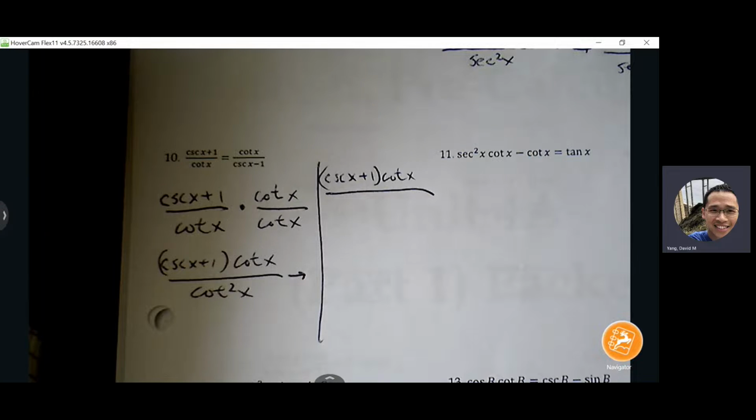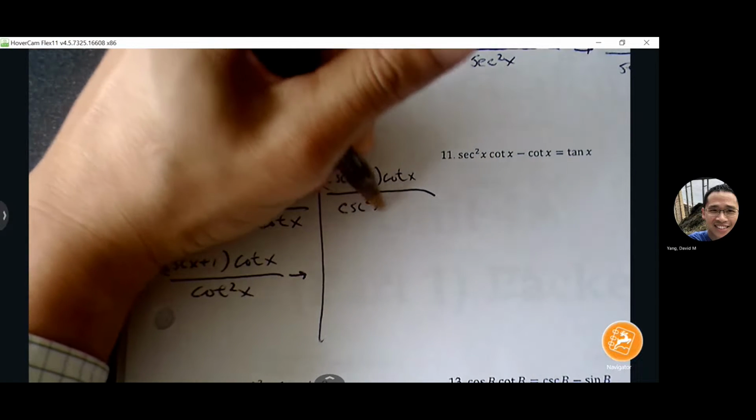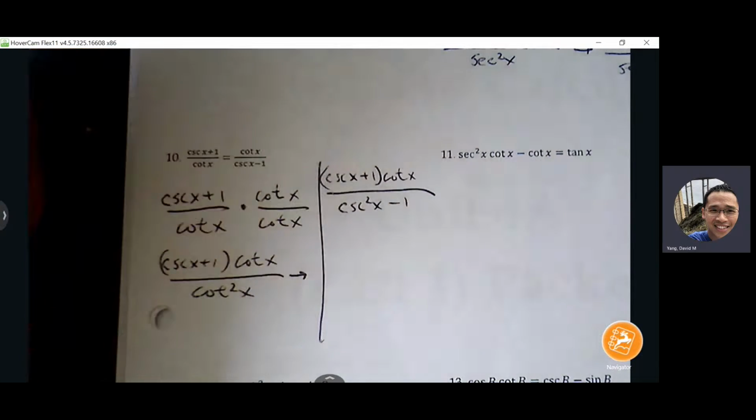Cotangent squared x can be rewritten as cosecant, difference of squares.